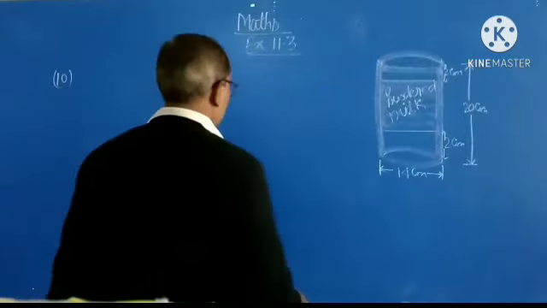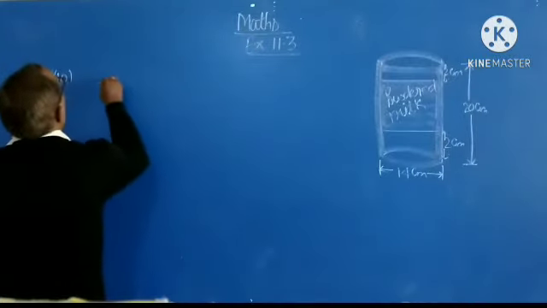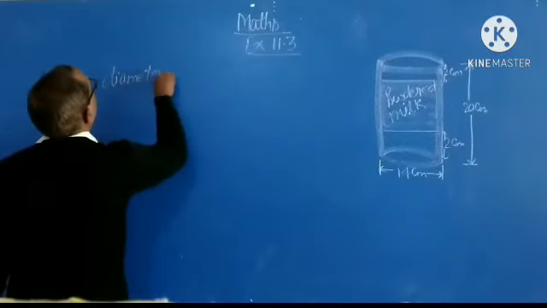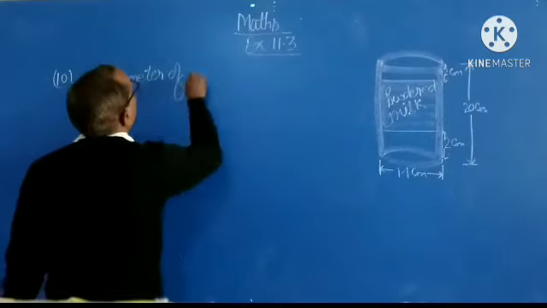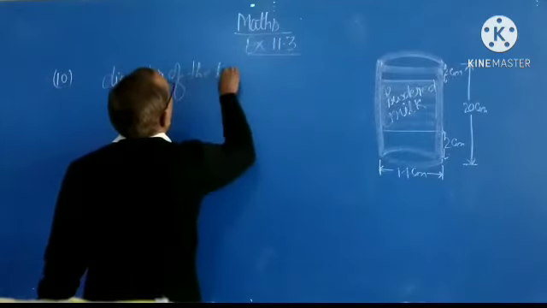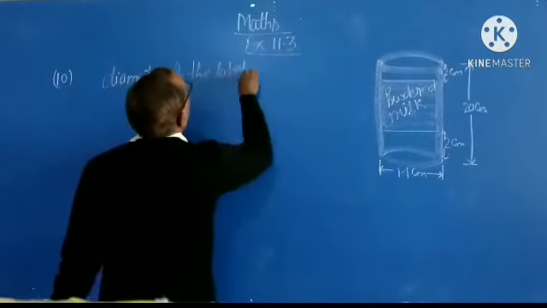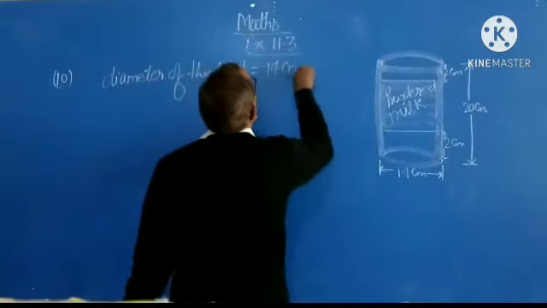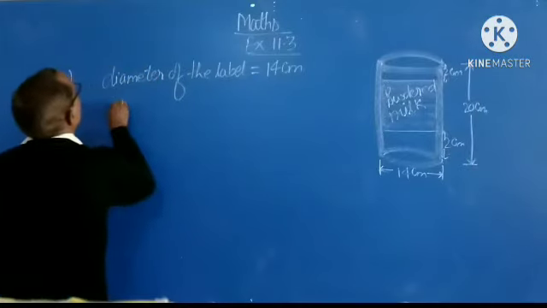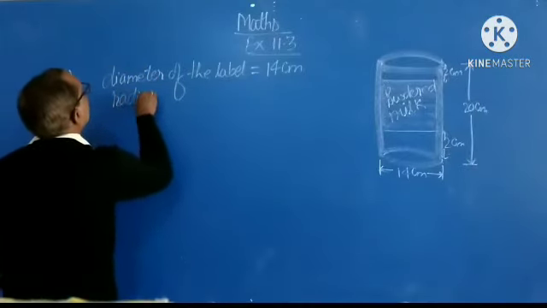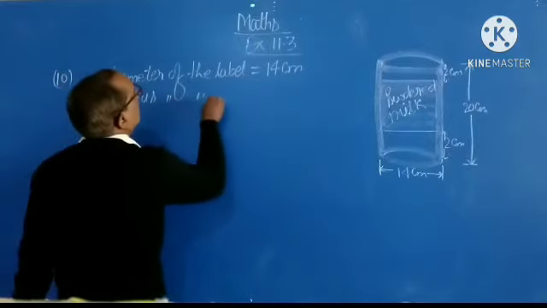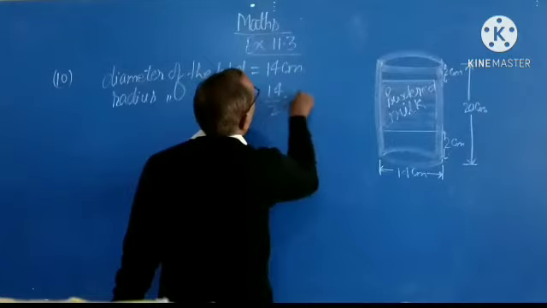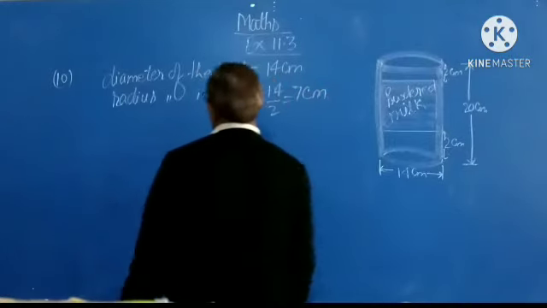Then you write down diameter of the container is equal to 14 centimeter. Radius of the label is equal to 14 upon 2, 7 centimeter.